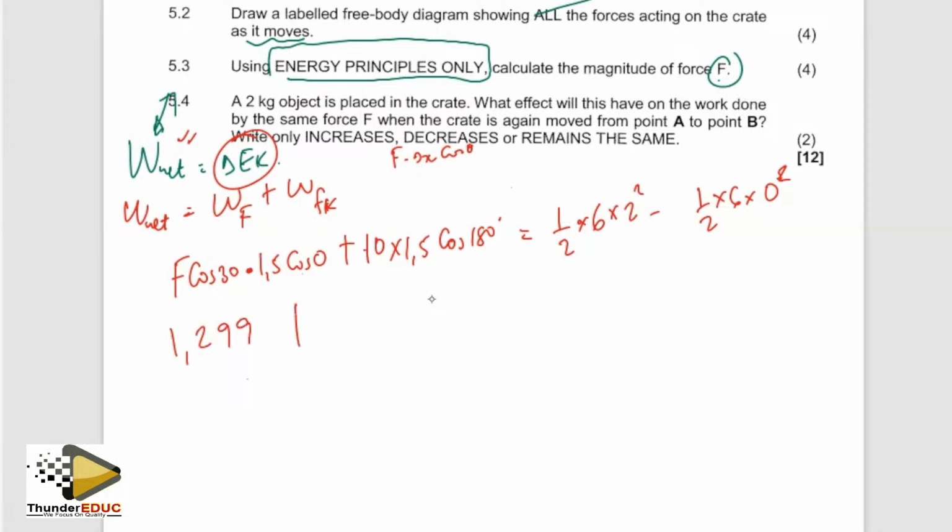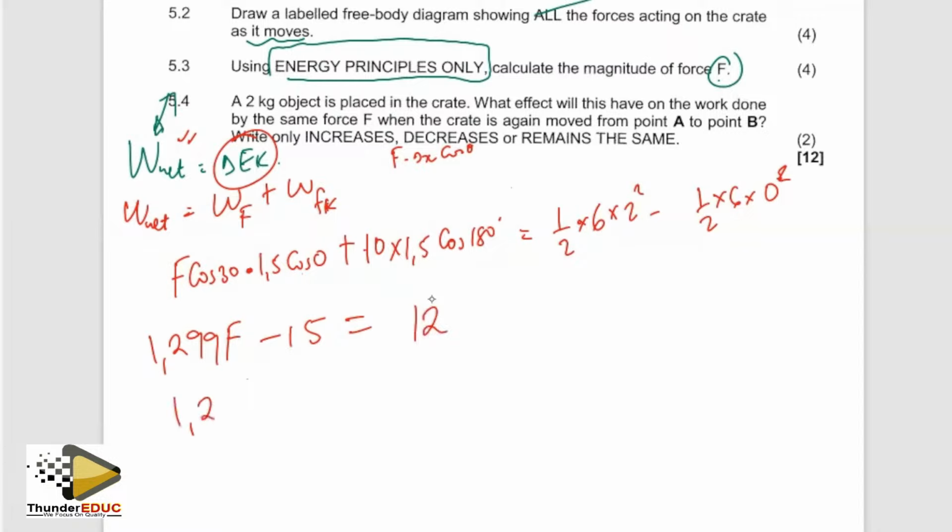This is going to give me a negative 15, because of the cos of 180. Let me just write this out nicely. So we're saying it's 1,299F minus 15 is equal to a half times 6 times 4, which gives me a 12, minus 0.